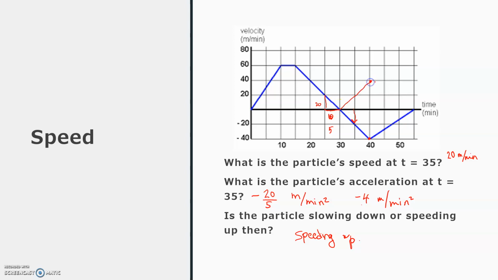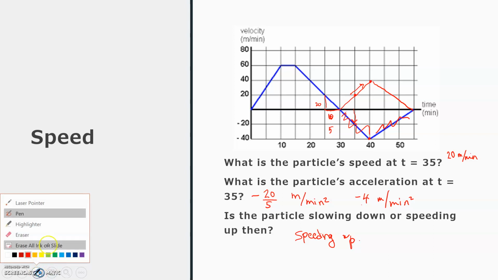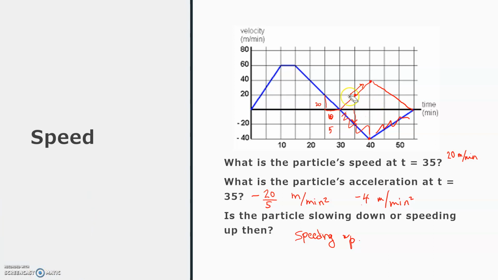Anything that's below the x-axis, we would sketch so that it's above the x-axis. Now if I go to t equals 35, this is an uphill line, so that is a speeding up point on the graph. That's one way to think about it, with slope as determining whether you're speeding up, but it's the slope of the speed graph, not the slope of the velocity graph.